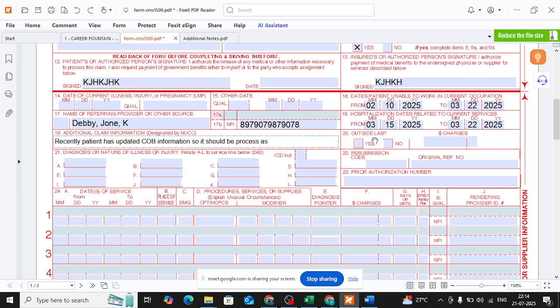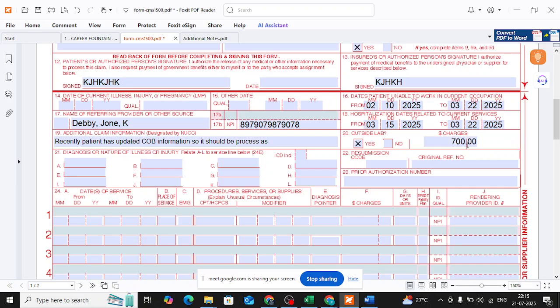So if patient is going outside for pathology or radiology, and he is spending some money outside, maybe from his pocket or maybe his insurance is covering those services, that pathology will send a claim form for whatever services he has taken. So if patient went outside, then it will go as a yes, and whatever bill was there for him will go here.